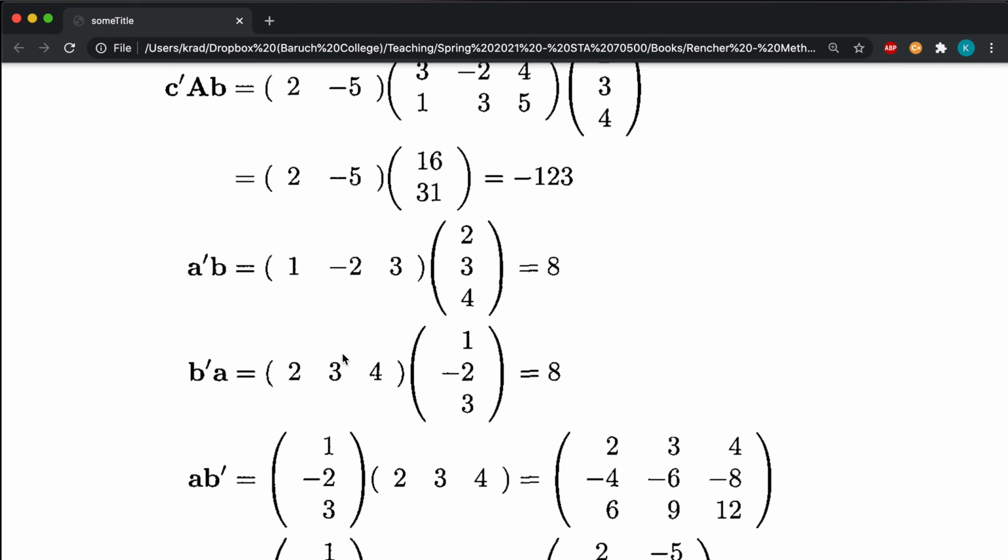Okay. So the inner product of two vectors is a scalar. The outer product of two vectors is a matrix. This is important. These might be very simple for you, or you might be new to it. Either way, you need to understand these concepts.